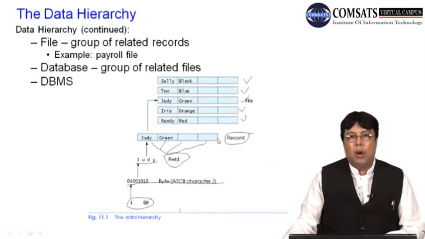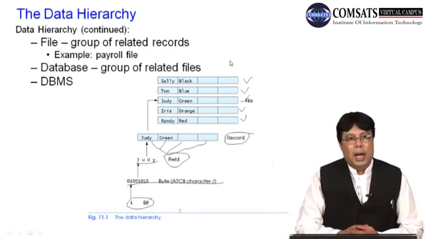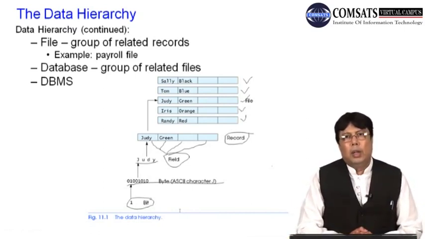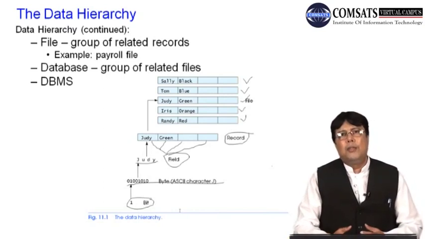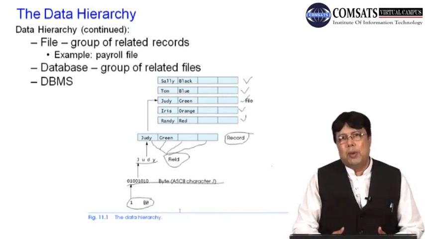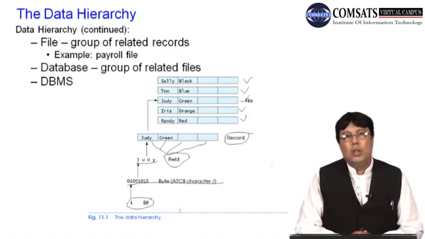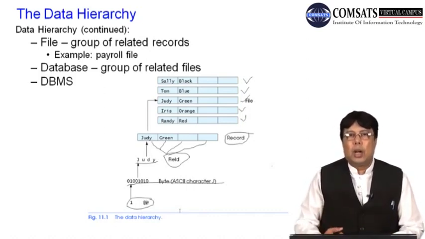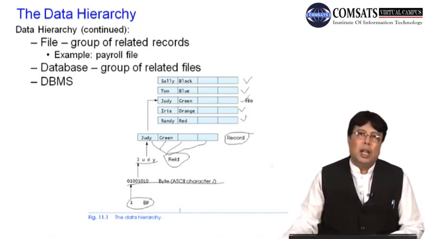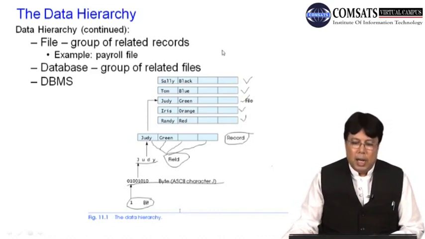Okay, so there is one more concept related with the field and the record. In the record we have a set of fields, and among the set of fields there could be one very special field, and this field could be used to retrieve the data. To retrieve the data means to extract the data from the structure, and that's why this field is called a key.